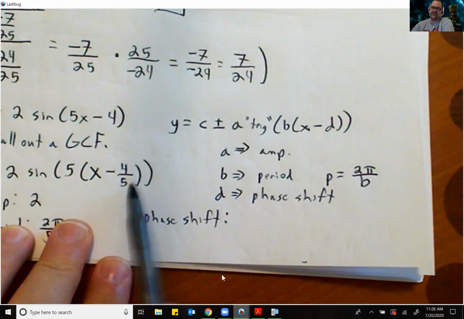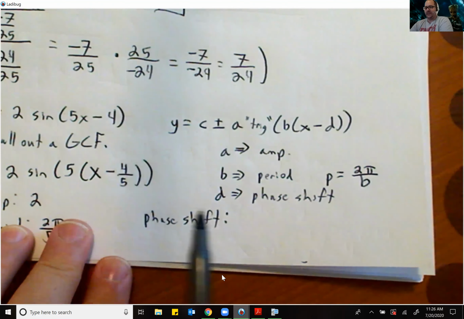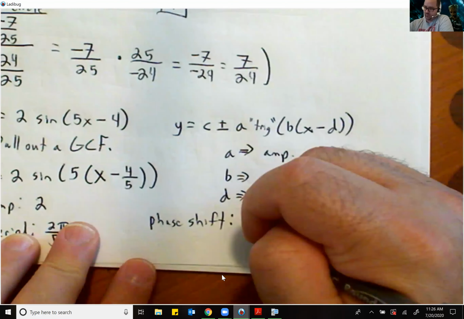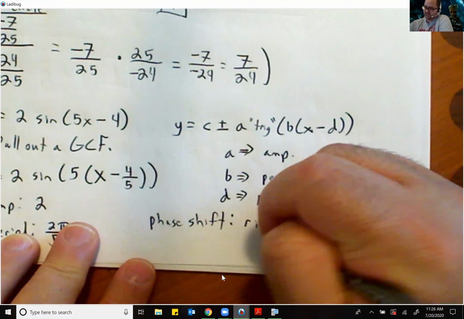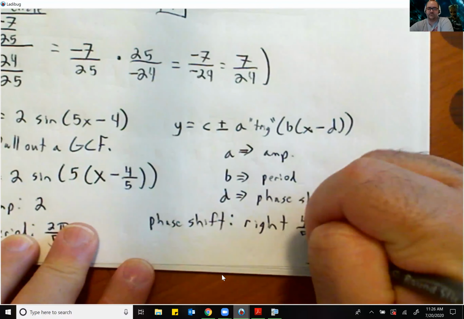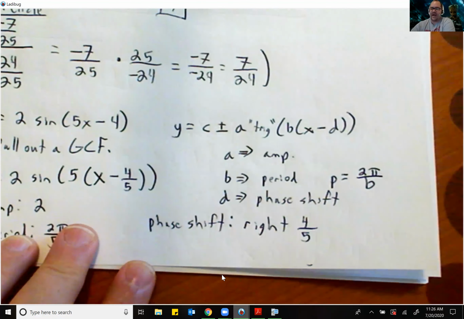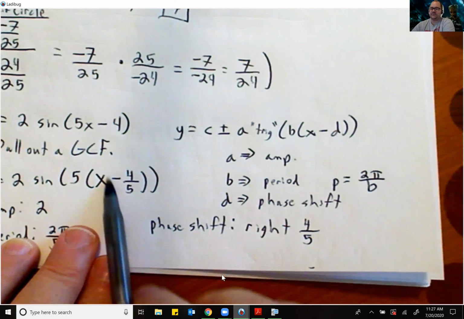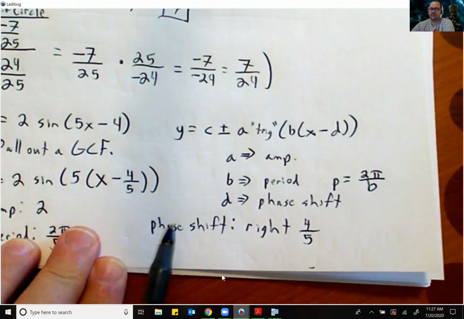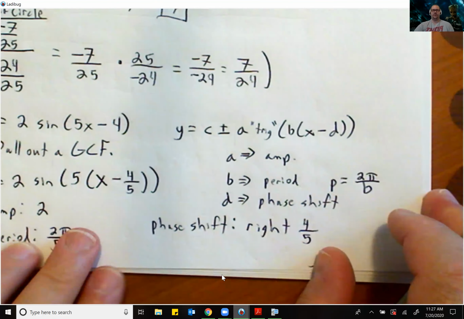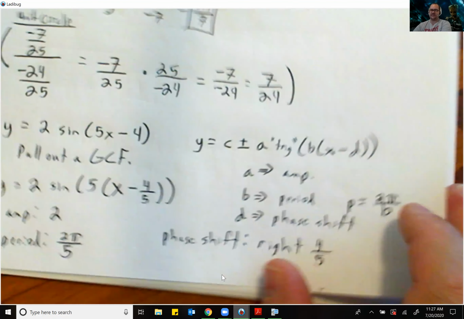Phase shift just means moving left or right. Because this is a -4/5, we're going to think the opposite. So that means we want to move to the right 4/5. Okay? You think the opposite of what you see here. You're going to move to the right 4/5 because it looks like a -4/5. All right? So we just need an answer that looks like this information.